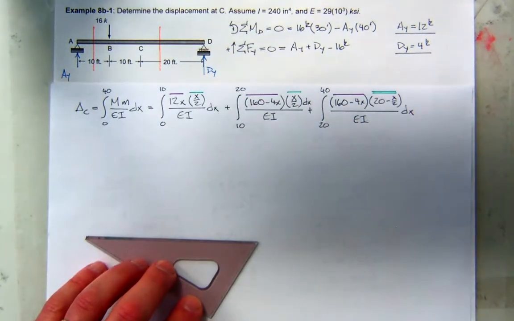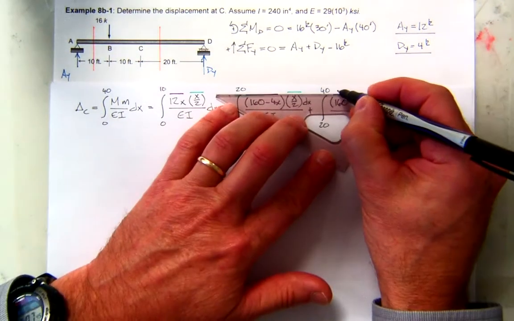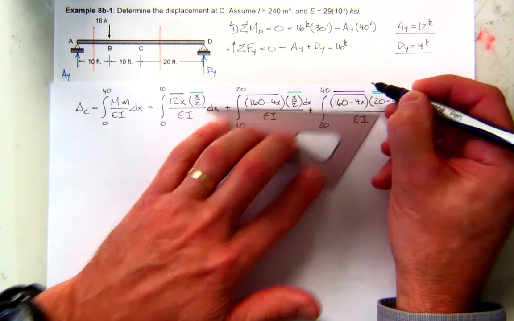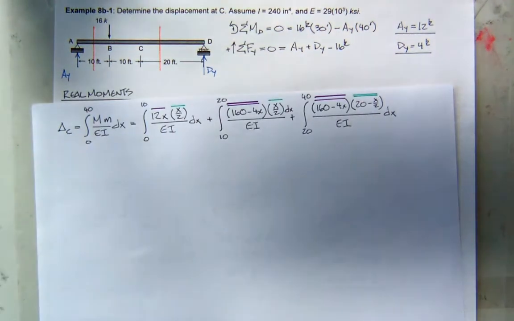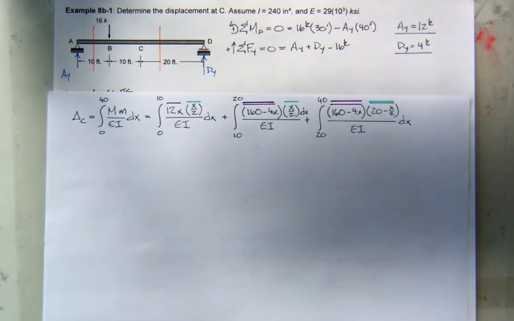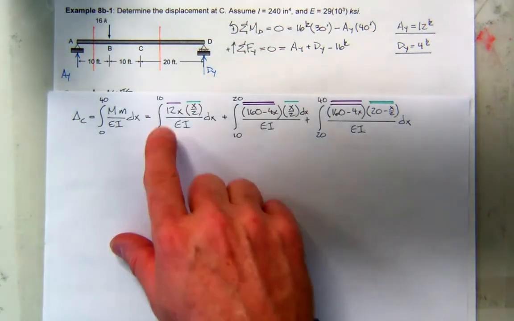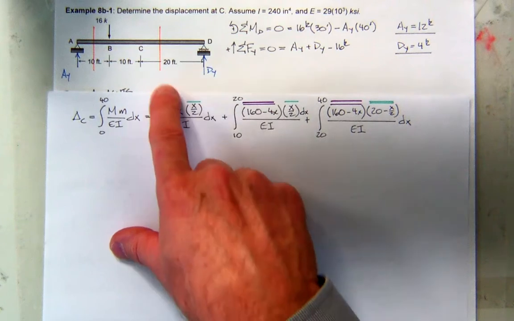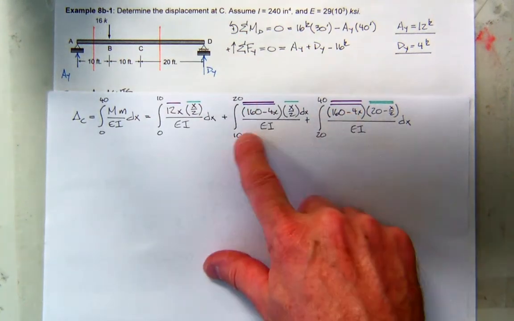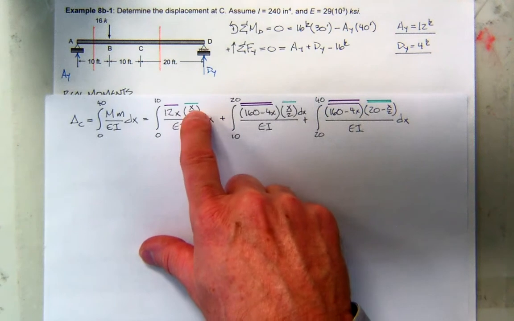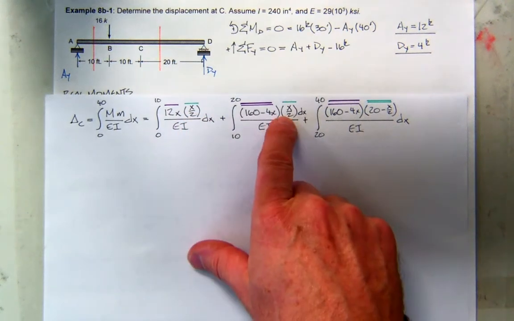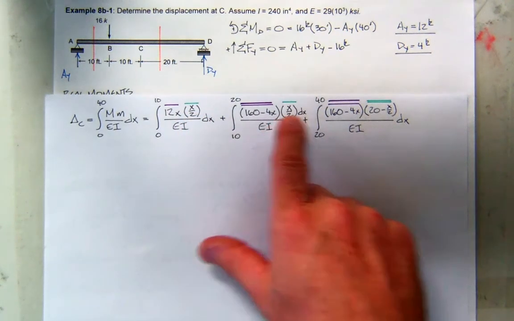Maybe I should have doubled them so you could see that they are different. So in this encoding, the purple is the real and the green is the virtual. And you can see here's my real moment from 0 to 10, and it's the same from 10 to 40. And then my virtual here and here are the same. That's from 0 to 20, and then it's different from 20 to 40.